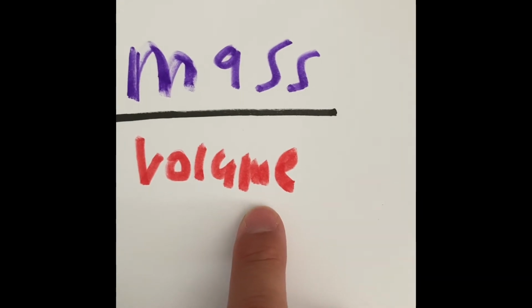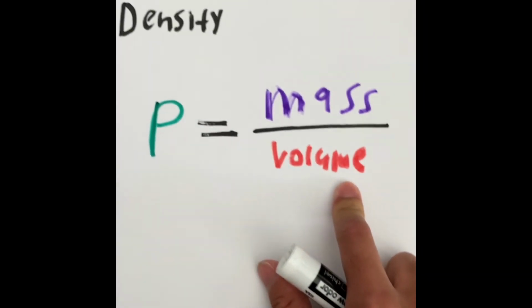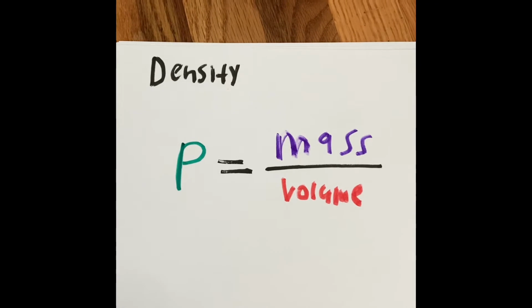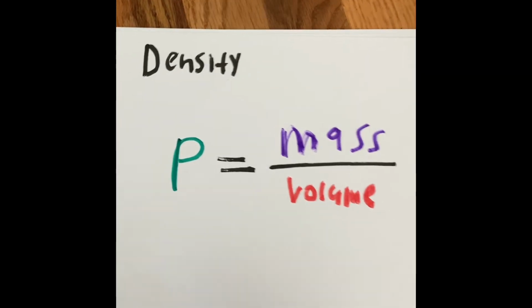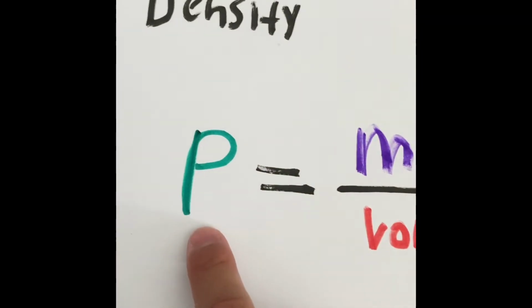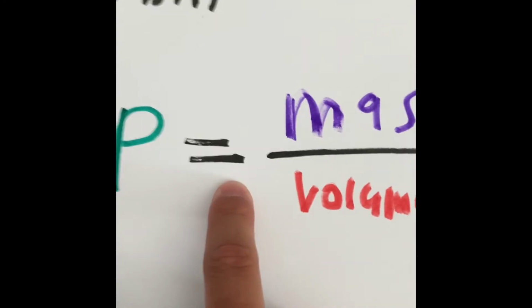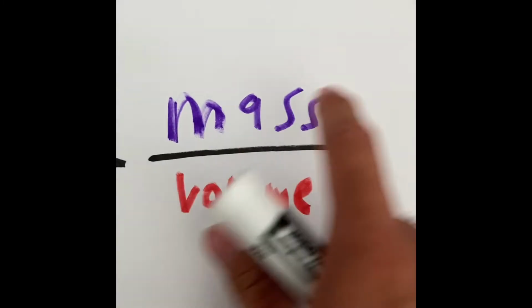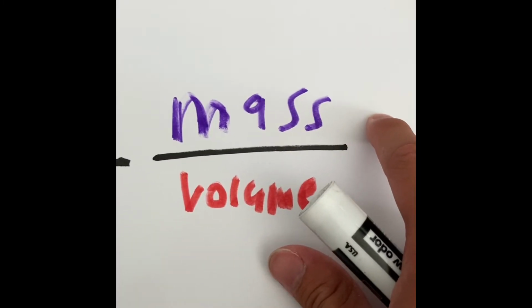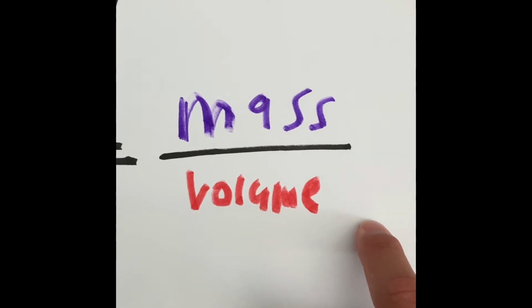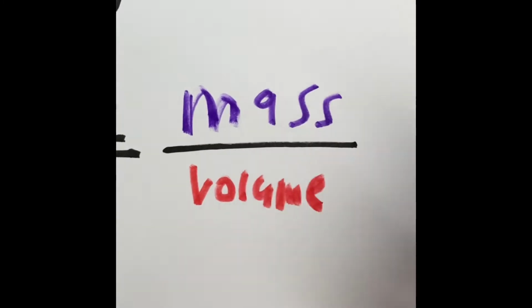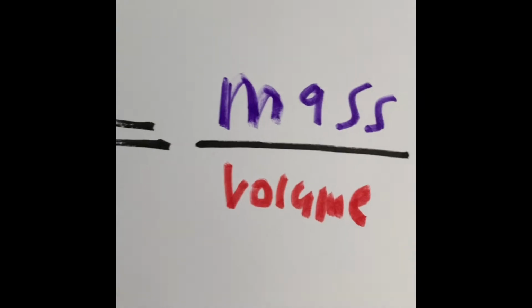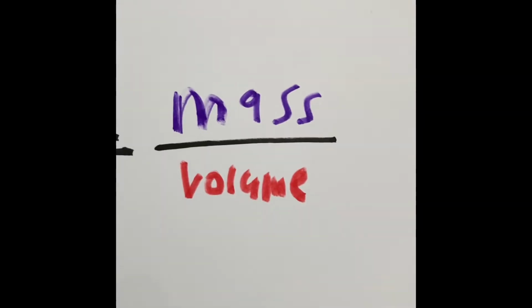For the math part, the formula for the density of an object is: density, denoted as the letter P, equals the mass of the object divided by the volume of that object. The mass of the object explains how many particles are in that object.